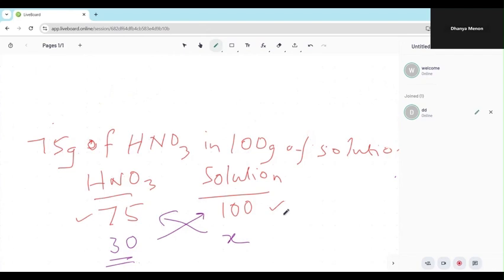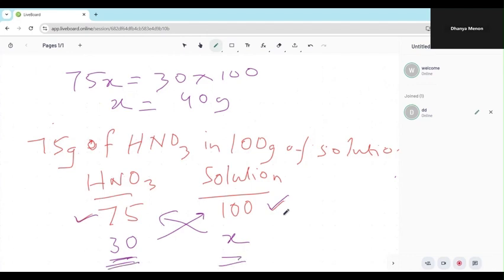When we do the calculation, 75 times X is equal to 30 times 100. So X equal to what? X is equal to 40 grams. So when we use 75 grams of HNO3, we get 100 grams of solution. So when we are using 30 grams of nitric acid, how much of solution are we getting? We are getting 40 grams of solution.